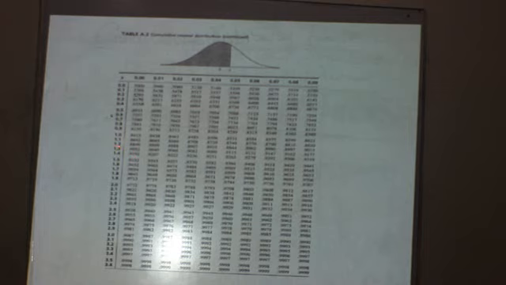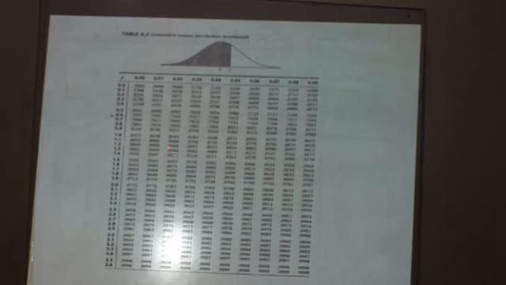Then you see that the digit that follows the 1.3 is 2. So we trace it horizontally to the column headed by 0.02, and we read the value that intersects with that column.